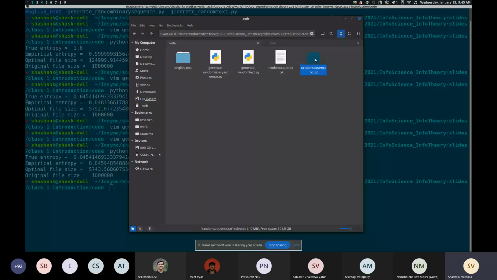So that's a very good point, that if the probability of head is 0.005, then the compressed file size is the same as if the probability of 1 is 0.995. Right?